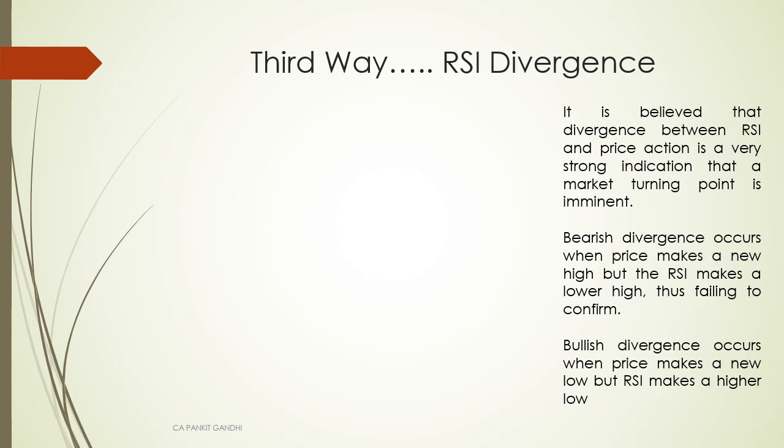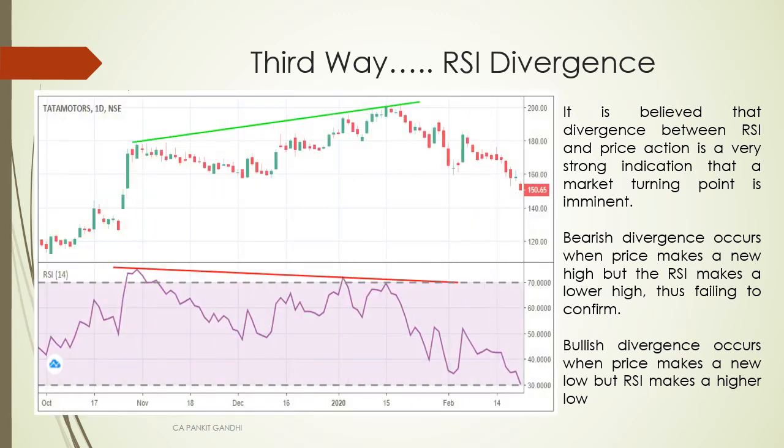So what's next? The next way is RSI divergence. You must have heard of RSI divergence somewhere. Though it's not a common term, it is very useful. You can see a Tata Motors daily chart. In the Tata Motors daily chart, you can see that the candlestick chart has made a higher high from 180 to 200.